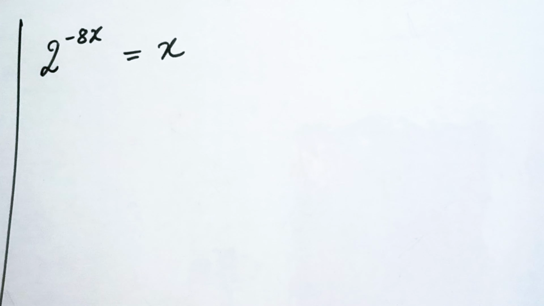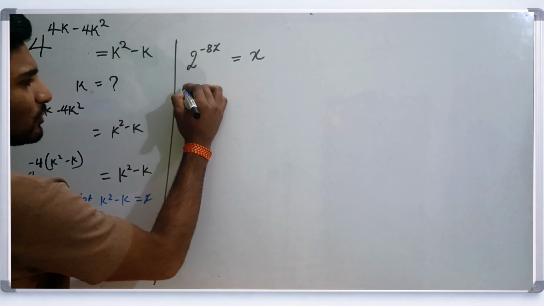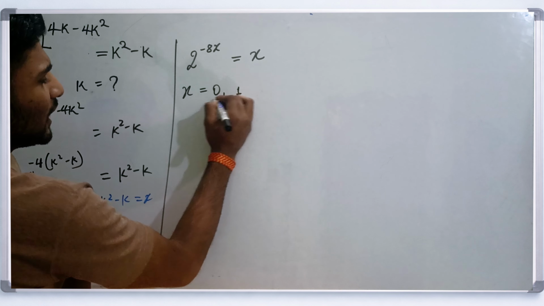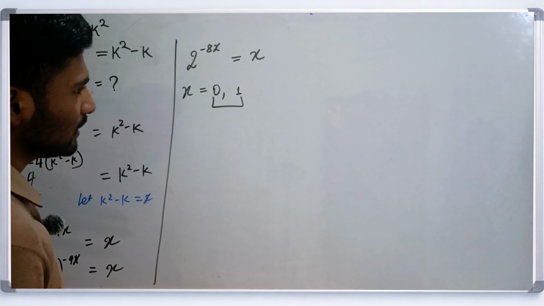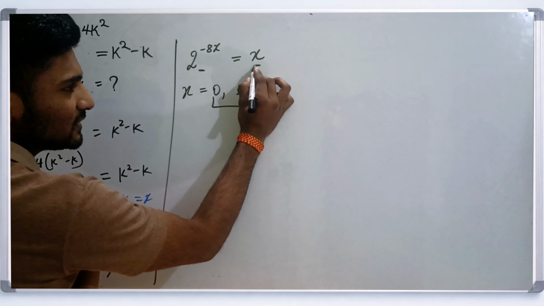Now from here we need to use some mathematical deduction to see how our values are changing with the value of x. So what we are going to do is put the values of x as something like 0 and 1, and then see how the left and right sides deviate, because from here we can see that this is a decreasing function and this is an increasing function.